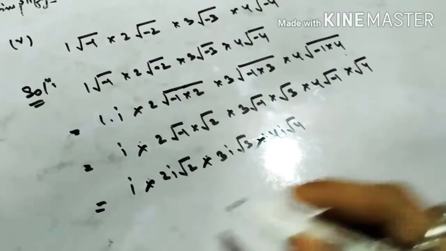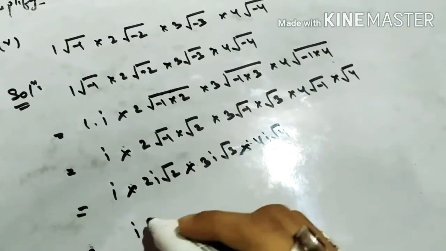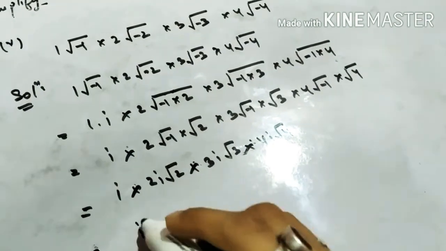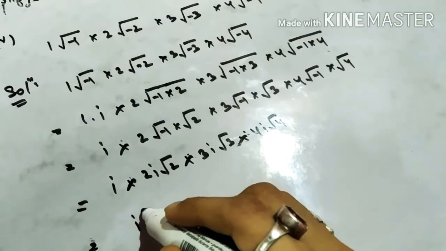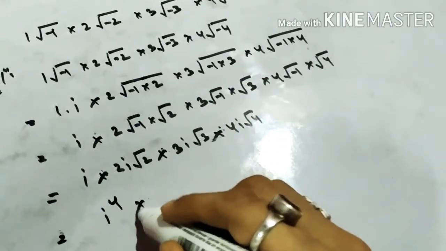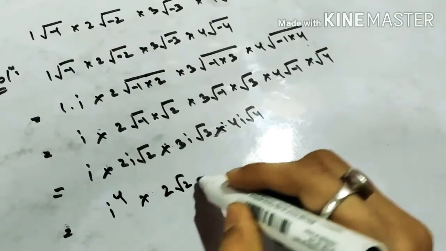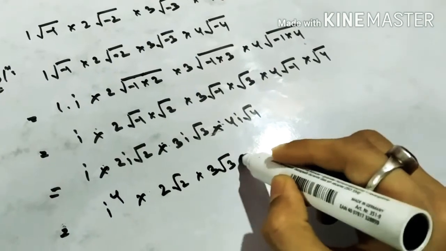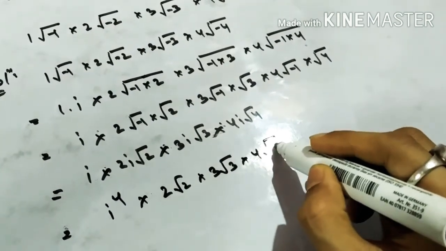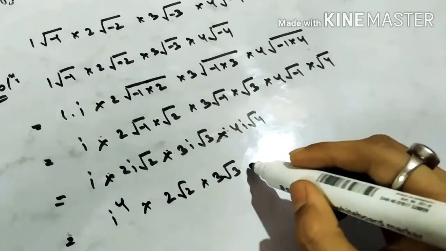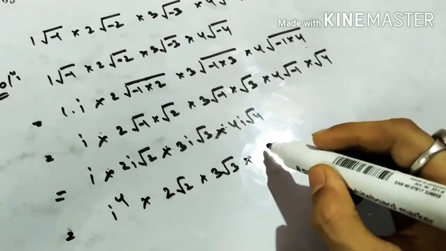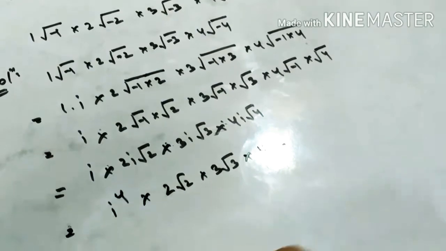So therefore it will be i to the power 1, 2, 3, 4, that is i to the power 4, into 2√2 into 3√3 into 4 into 2, which will be 4 into 2.